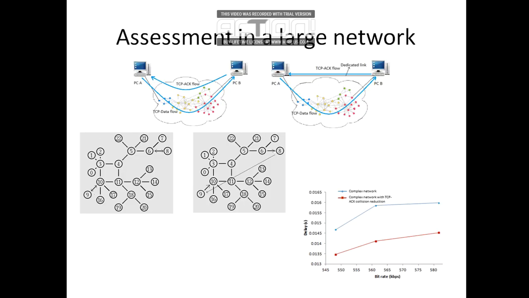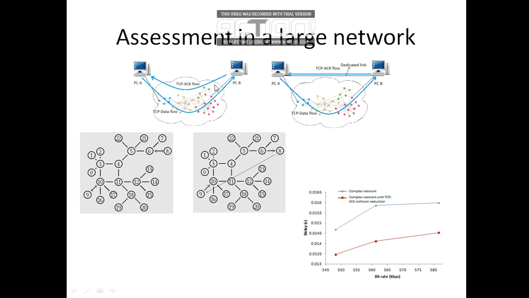Next is implementing the proposed techniques in a large network. Here we have two computers connected to one another. PCA connects to PCB through complicated networks. PCA sends data and PCB sends a TCP acknowledgement to indicate that PCB has received the transmitted data.